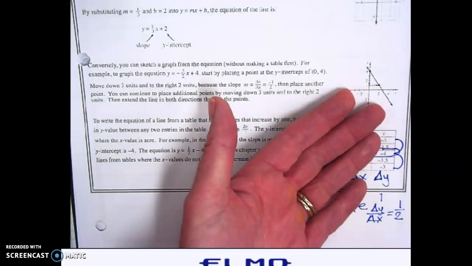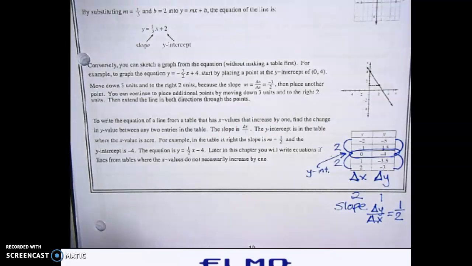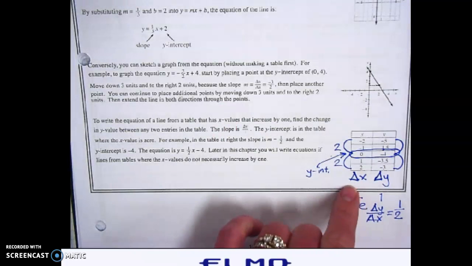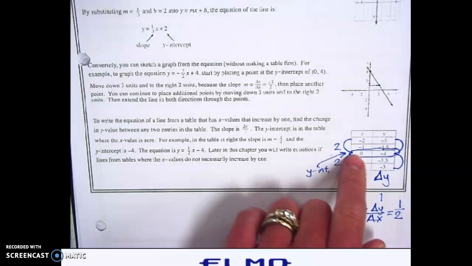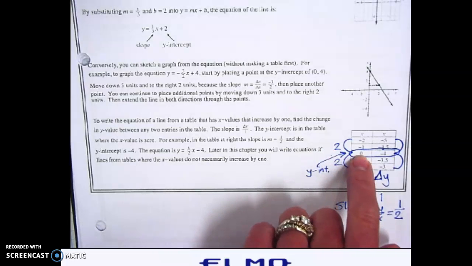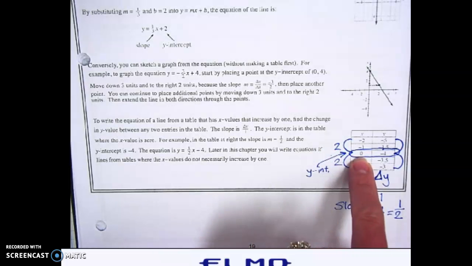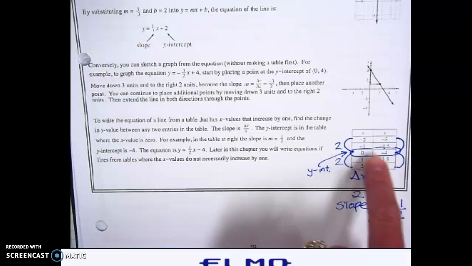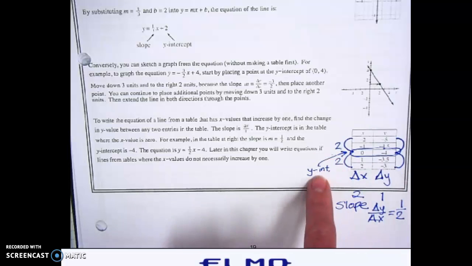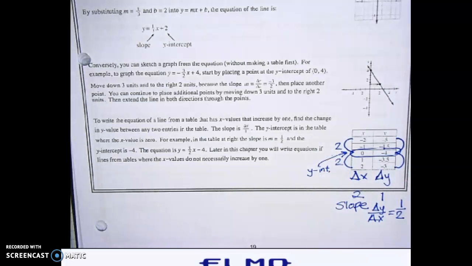So from a table, you can also get the equation of the line. This one also happens to have our y-intercept. How do I know this point is the y-intercept? What's the big clue? It has a 0. There's a point at (0, -4). That's the y-intercept. All right?